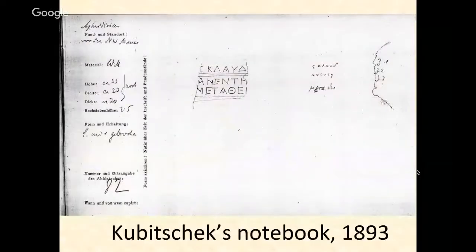But by the later 19th century, people are being sent out traveling with the specific purpose of copying inscriptions, where those earlier travelers were basically interested in monuments and picking up inscriptions as a side interest. And indeed, the Austrian Academy produced notebooks like the one you can see here, where they were pre-printed with the kinds of information that should be added to make the inscription useful.